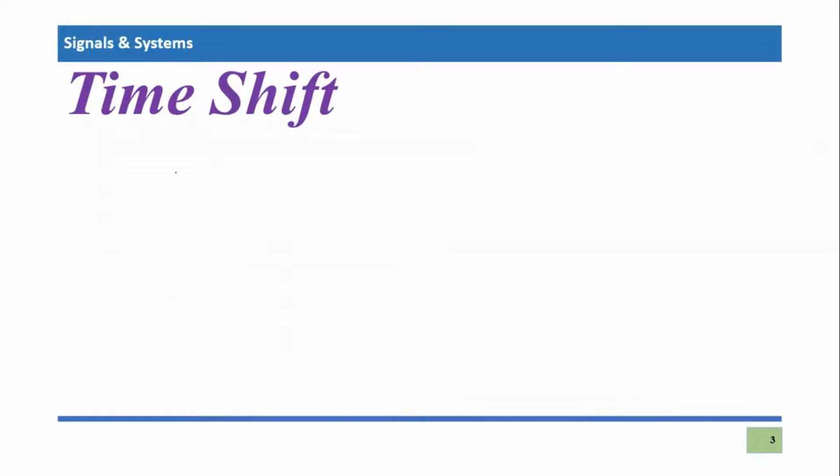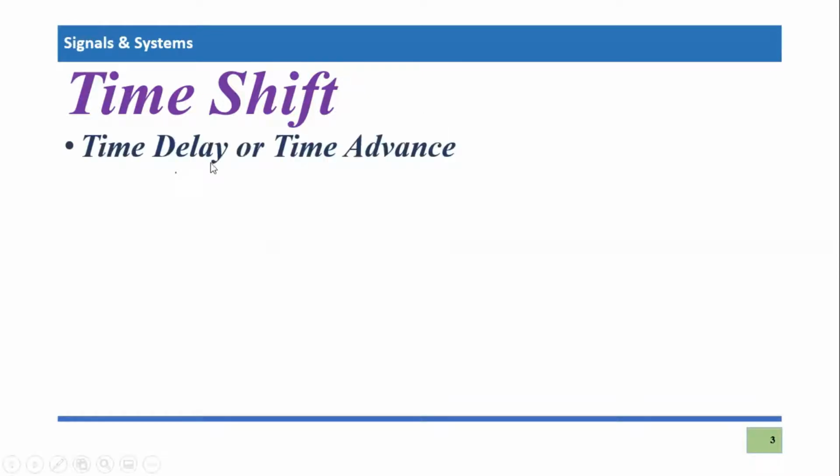Whenever one applies the time shift operation on any signal, the signal may experience a time shift in two different ways. One is known as time delay, and the other is known as time advance. So there are two possible ways to have the time shift operation in a continuous time signal.